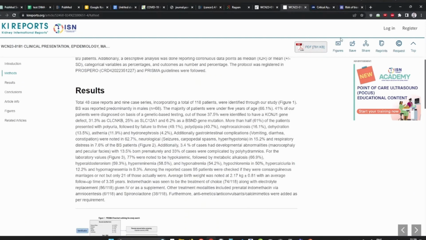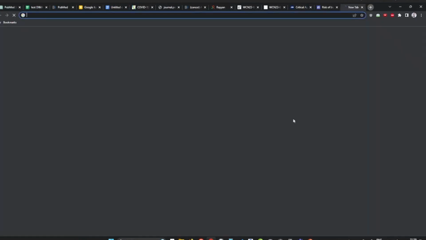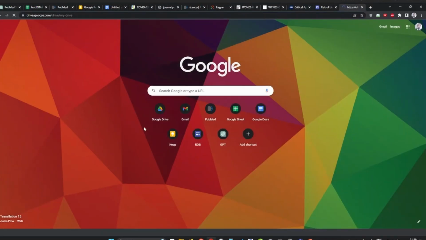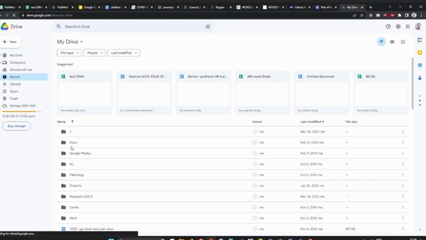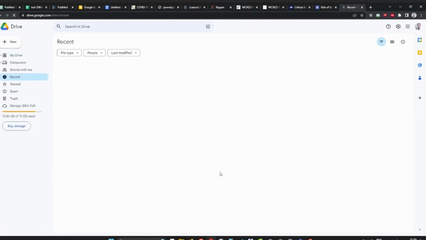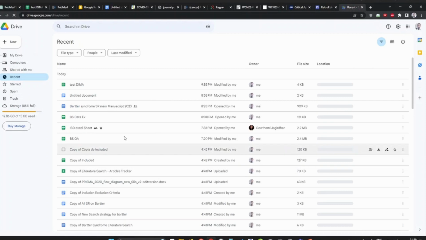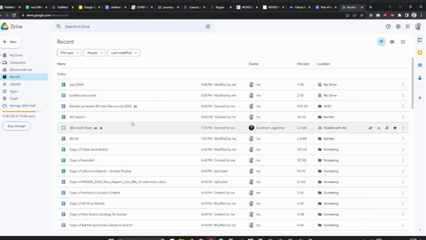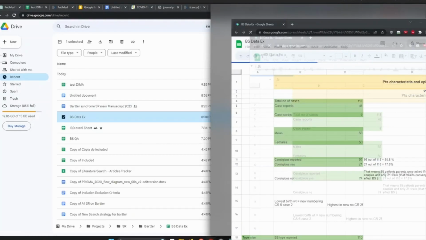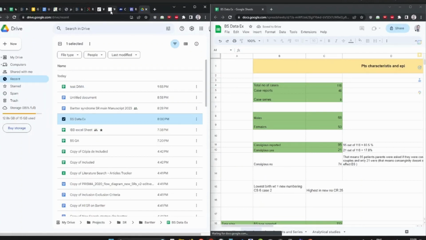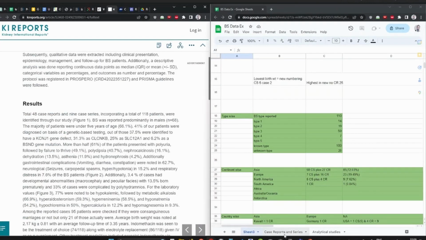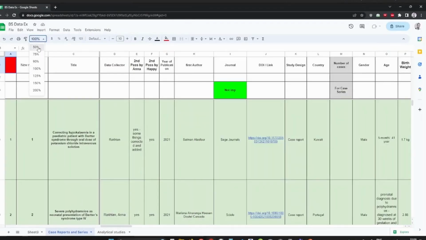For example, if I open the data extraction sheet for this particular research, give me a second. As you can see, this is a real example from the data extraction sheet.